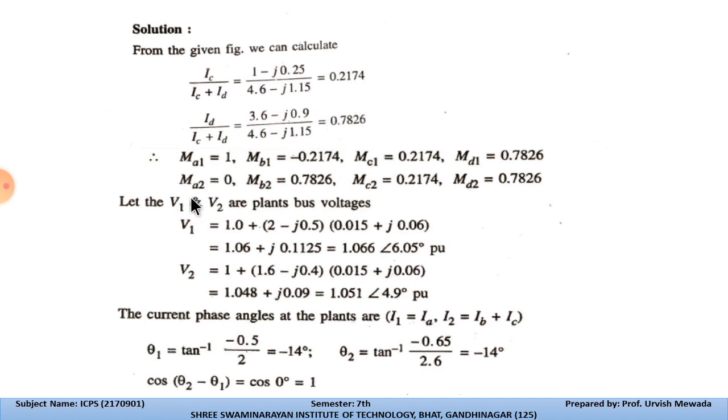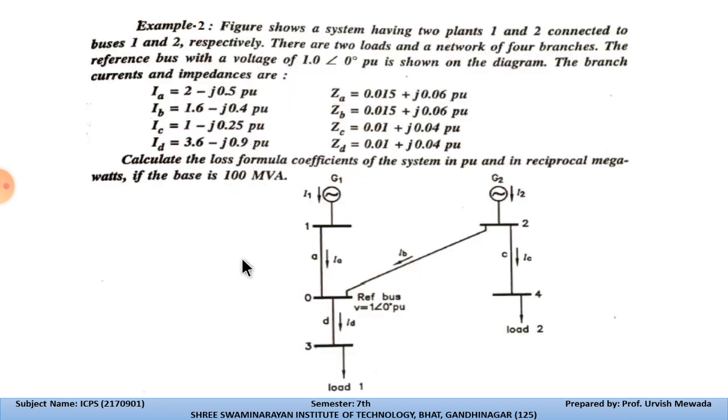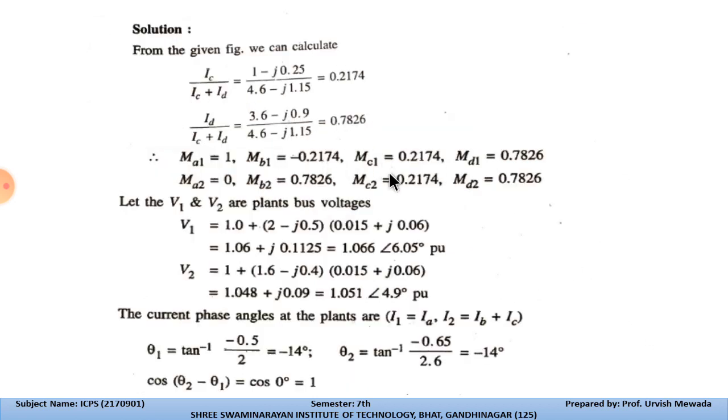Now we have the equation of the power system, in which we determine MA1, MB1, MC1, MD1 for the respective impedances. MA1 is 1, MB1 is minus 0.2174, MC1 is 0.2174, and MD1 is 0.7826.